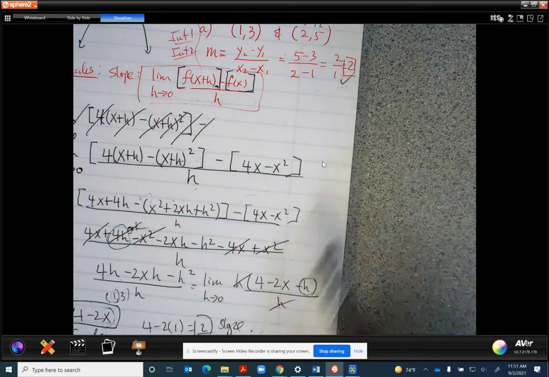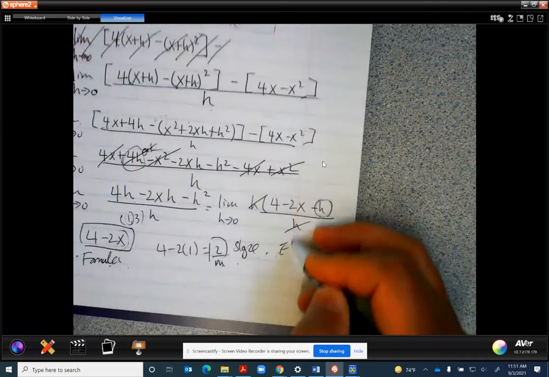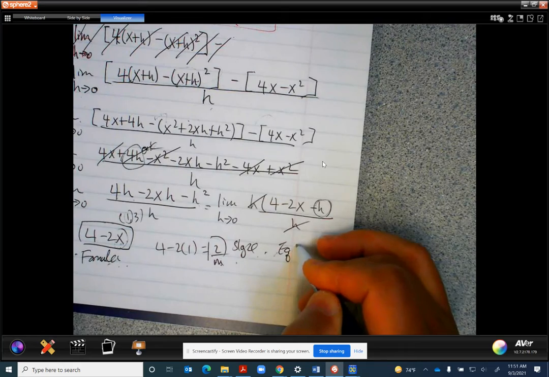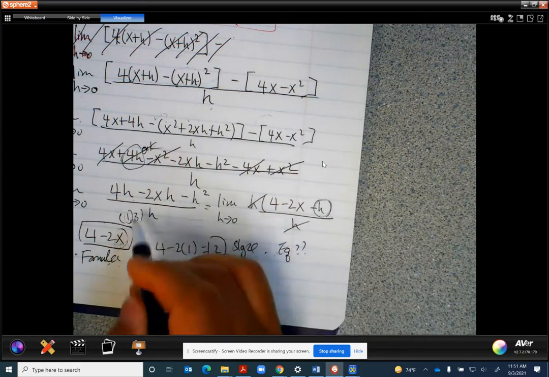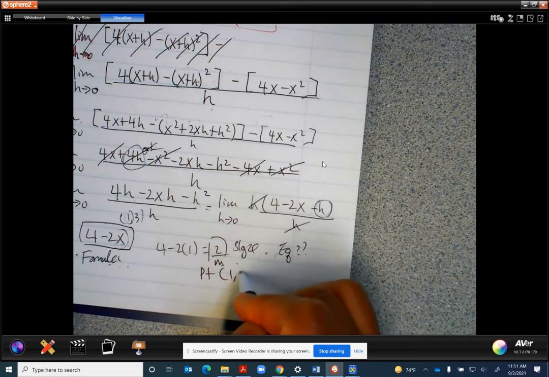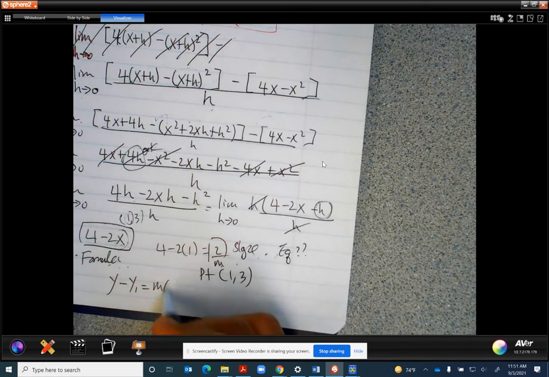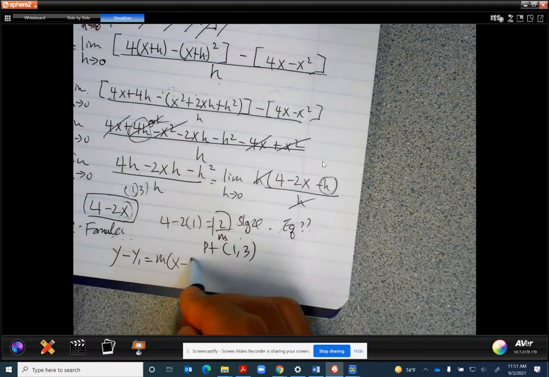Okay, so once you find the slope, this is your slope m, how do you find the equation of that line? Yeah, so you need to use this point. We have a point at 1, 3. So you put y minus y1 equal to m times x minus x1.